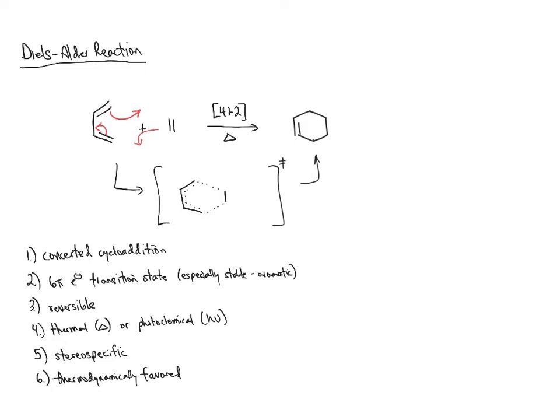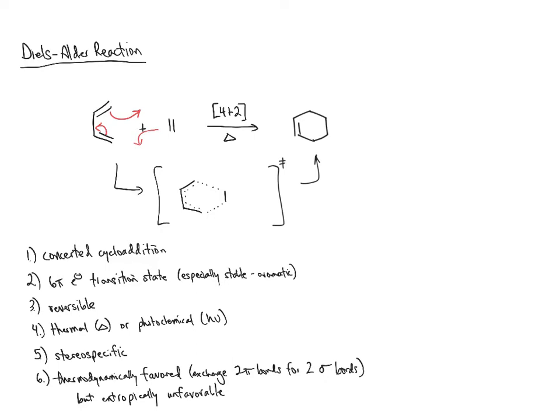Okay, so essentially we are exchanging 2 pi bonds for 2 sigma bonds. But despite the fact that this is thermodynamically favored, it's entropically unfavored. You're taking 2 molecules and you are making 1 molecule from those. So this leads to a decrease in entropy.